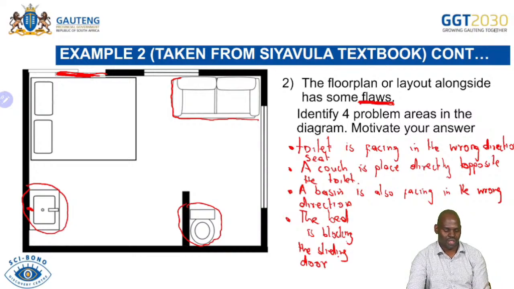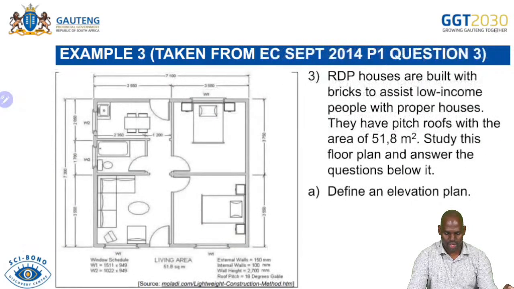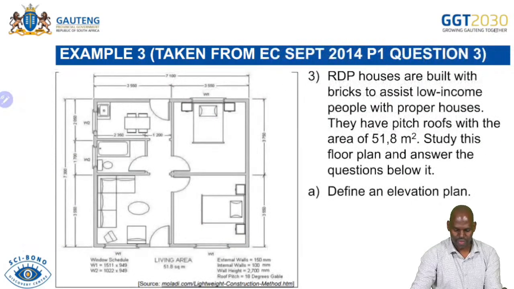You would not prefer that a bed must actually block the door. Okay, so these are some of the problem areas, and there are actually 4 of them. Okay, that is what the question was about.